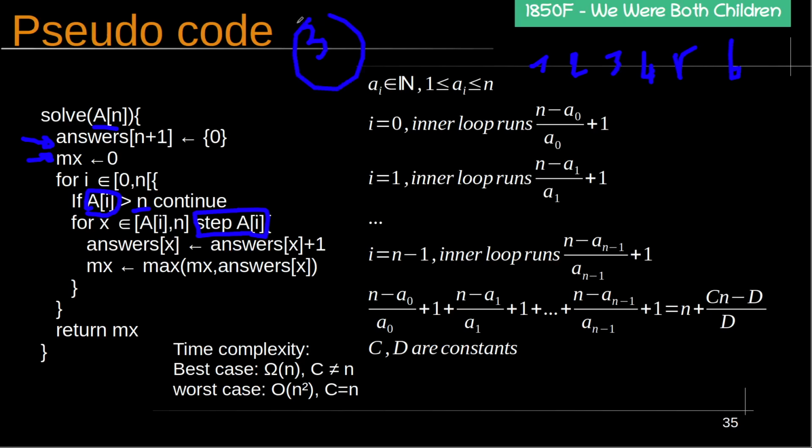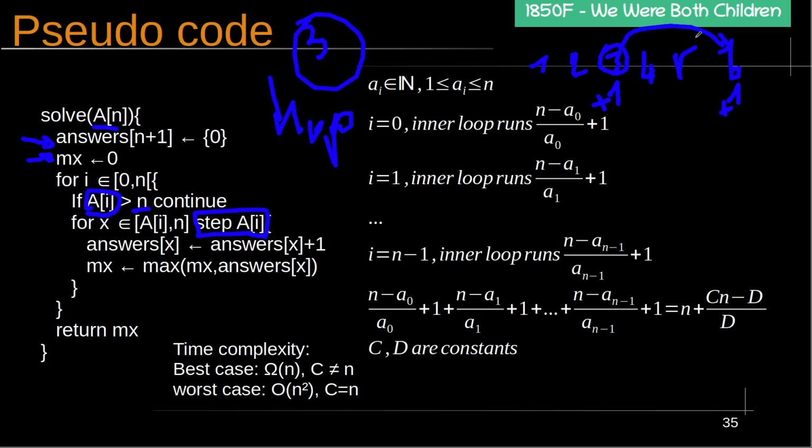If the frog i hops 3 units forward, we will add 1 at 3 and add 1 at 6. So we start from position 3, and we go by 3.